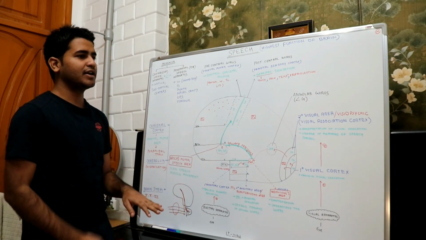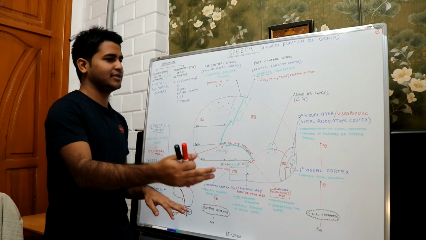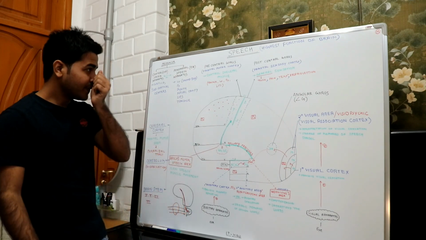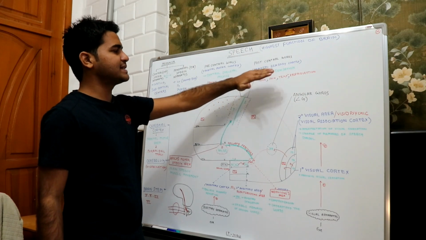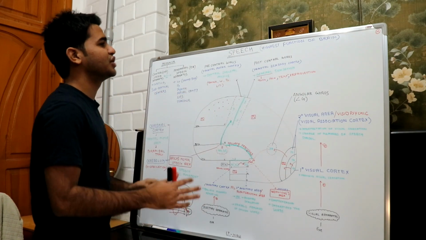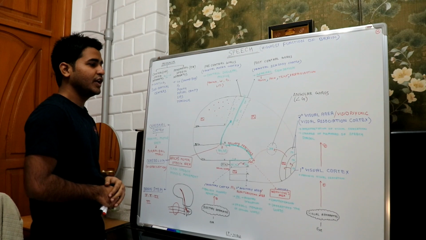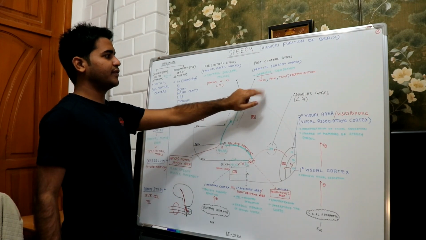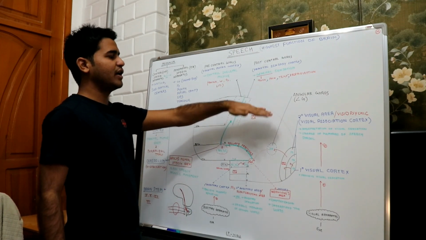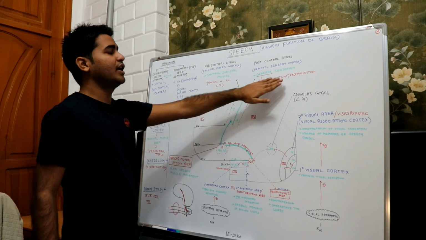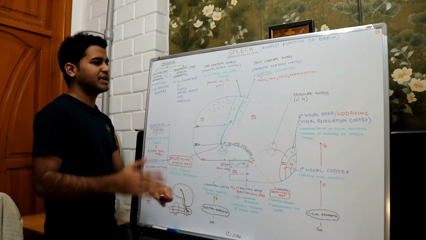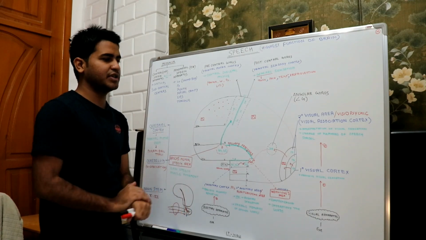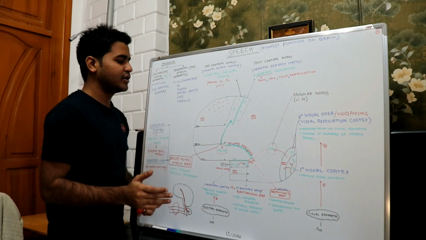And you have to speak. How? In the post-central gyrus, in the parietal sensory cortex, we have general sensation. If you are touching someone, if you are feeling pain, you have temperature, you have some proprioception, you perceive something, you touch something, and you have to speak.